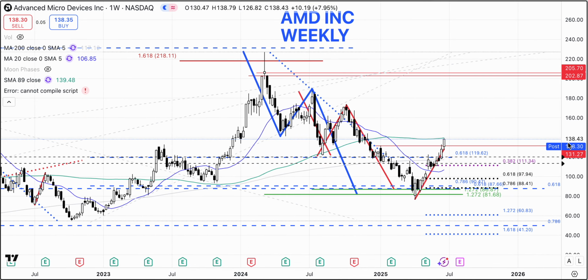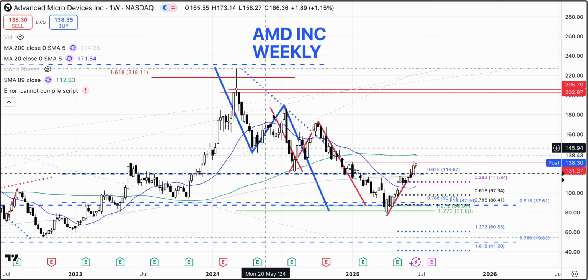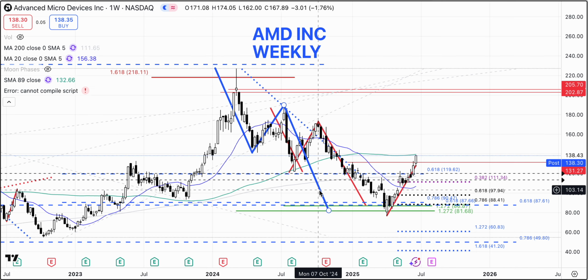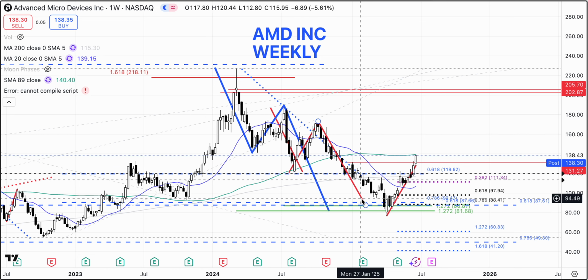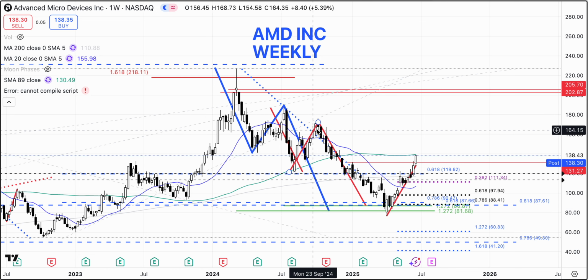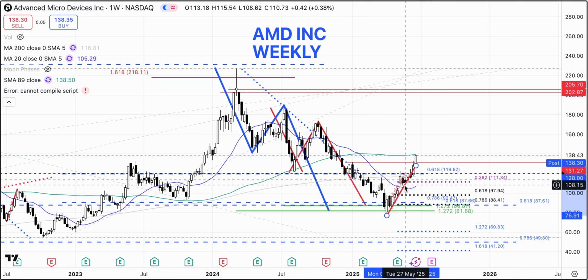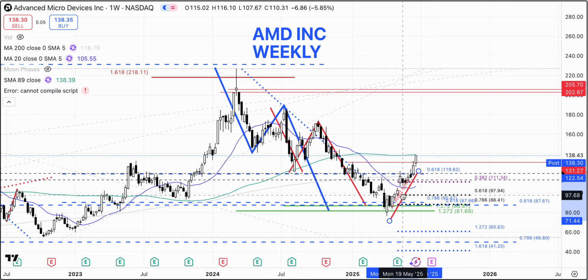So we had several of our pattern formations completing right here. The blue, which is a really nice ABCD, where the CD leg is 1.272 times the AB, and then 1.618 times the AB is this red one. Fantastic. We were watching for the 134, 135 level. The reason is because it's got the bearish symmetry right here on the weekly chart.